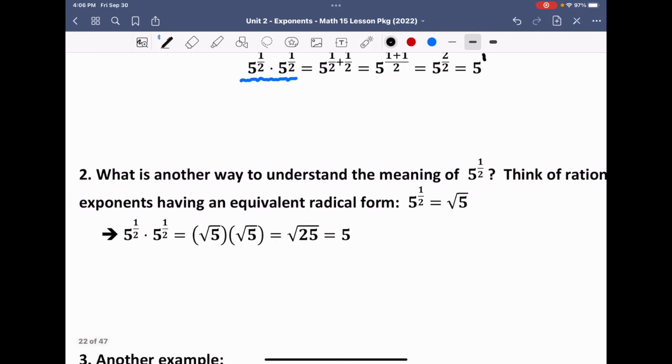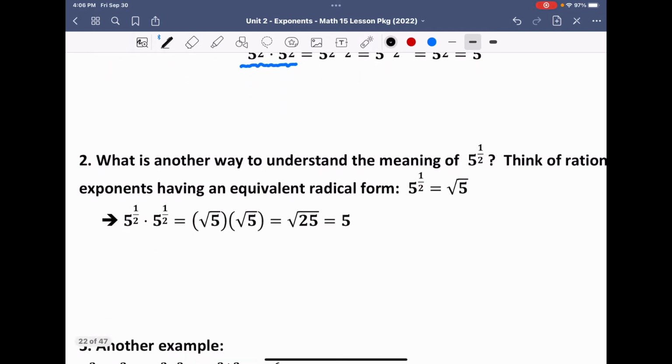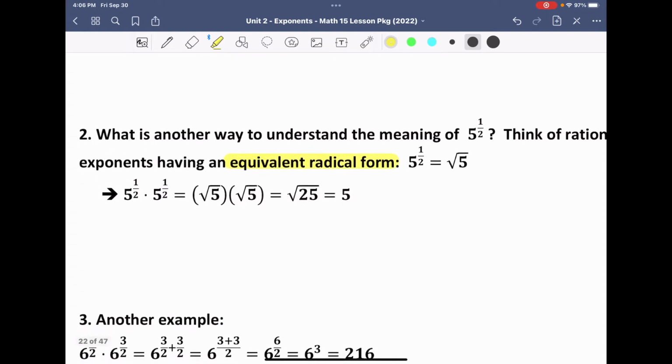We're going to learn today that we actually can write these in an equivalent radical form. That's saying, if I have exponential form, how can it relocate into radical form, which is something we did a lot in number sense, actually. So these things are equivalent forms, and we're going to show that a lot today.